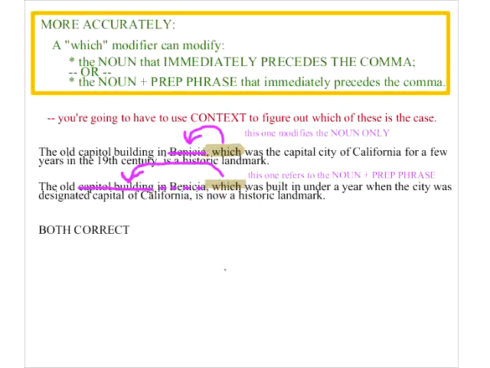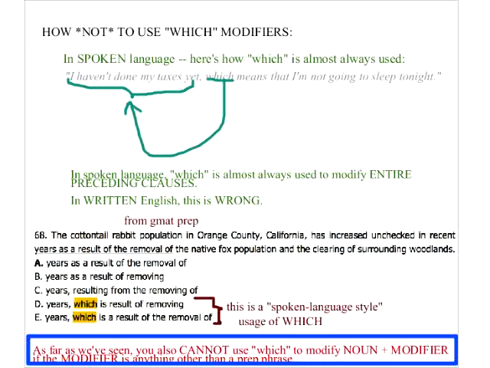So right now you've got two possibilities for "which." We've got noun only and noun plus prep phrase. We have not seen evidence of other types of modifiers being okay here attached to the noun. It's definitely wrong to use "which" to modify a clause. There's 100% certainty that this is incorrect in written language.